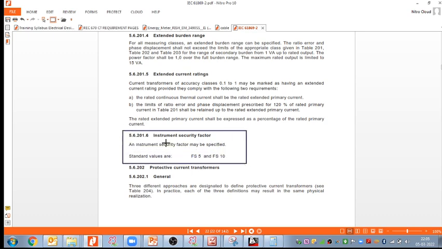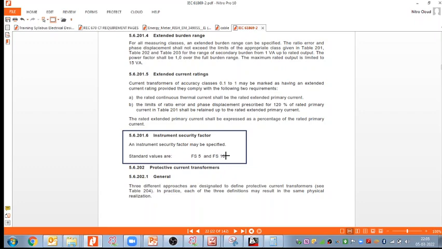An instrument security factor may be specified. Standard values are FS5. As I said, IEC does not take ISF, IEC takes FS. FS5 factor of safety 5, FS10 factor of safety 10. FS5 means 5 times current, FS10 means 10 times the current.